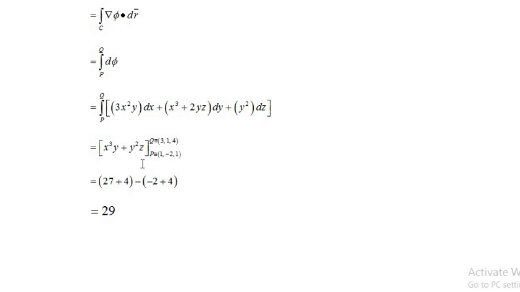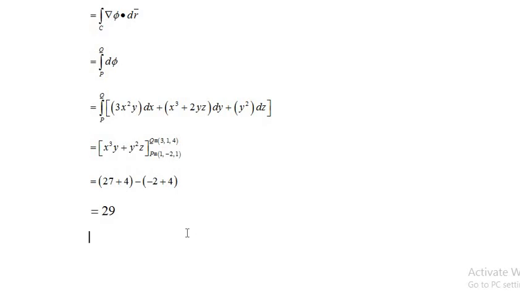In this entire expression, let us put x equal to 1, y equal to -2, z equal to 1. So 1³ into -2 plus (-2)² into 1, plus 4, and thus we see that this 4 minus 4 gets cancelled. 27 minus (-2), that is equal to 29.